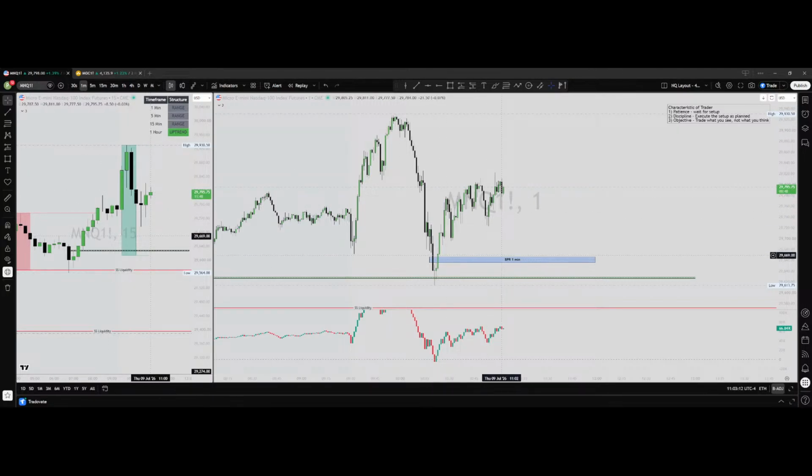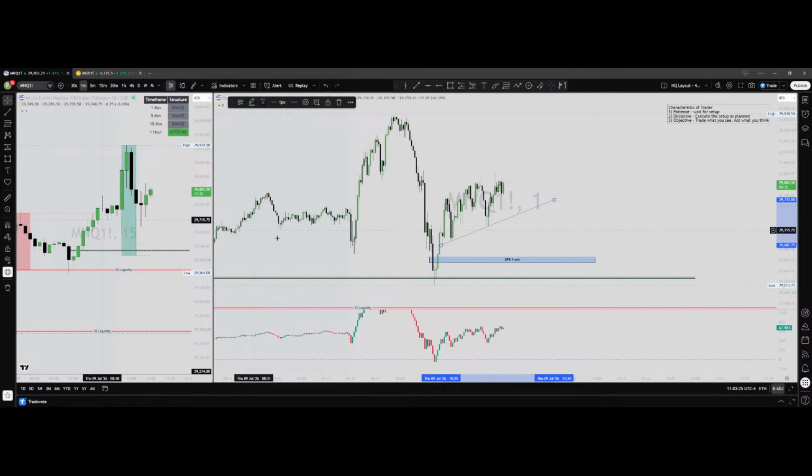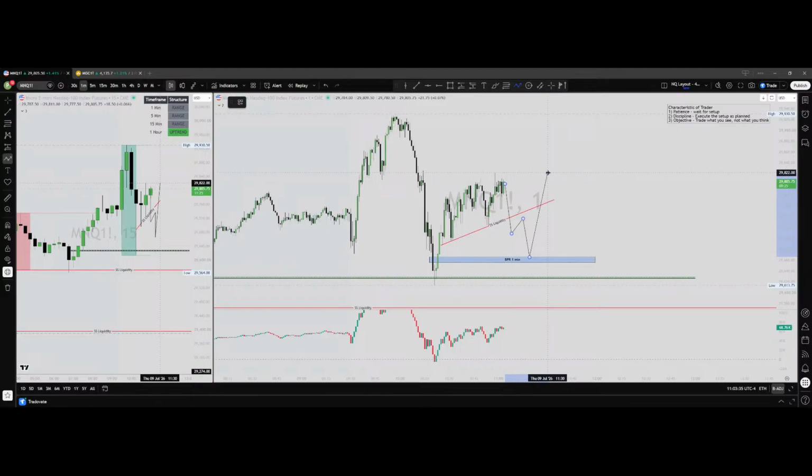Just in case price came all the way down to this BPR and looks for support, and this remains the same, this small trend line is also one kind of liquidity, trend line liquidity. What I would be expecting is price comes down fast, taps into this BPR, gives us a good signal, and could take the high.